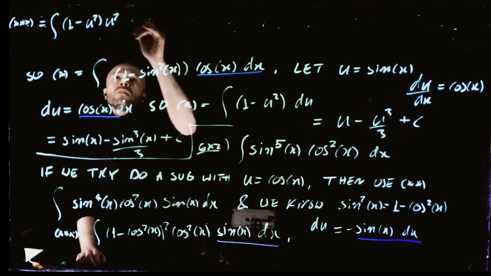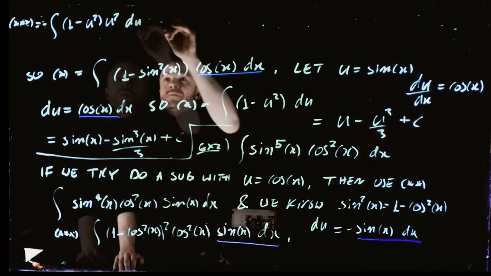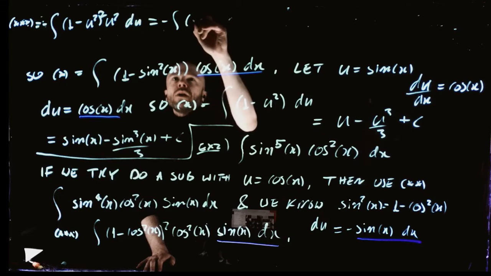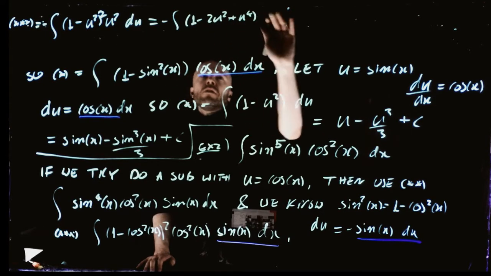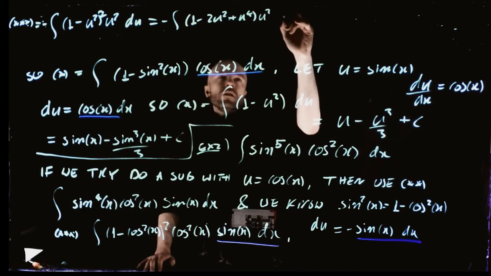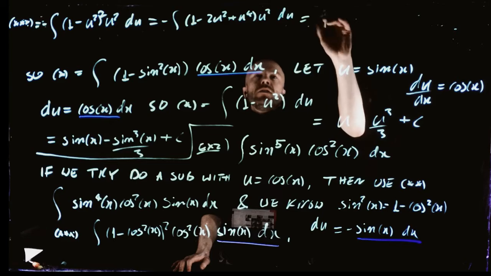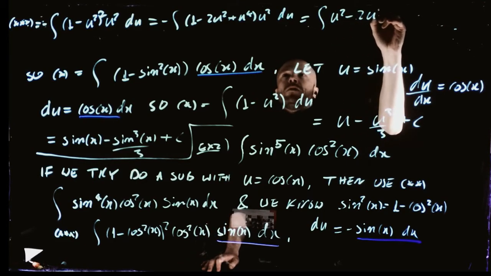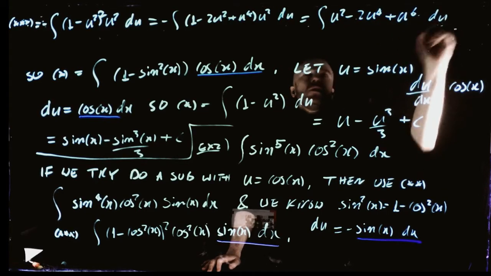So this is now going to be replaced by minus du, but we're going to put the minus sign right here. I just multiply this through, integral, and then we have 1 minus 2u squared plus u to the 4, times u squared, du, and then we multiply it through, and so we're going to have the integral of u squared minus 2u to the 4 plus u to the 6 du.